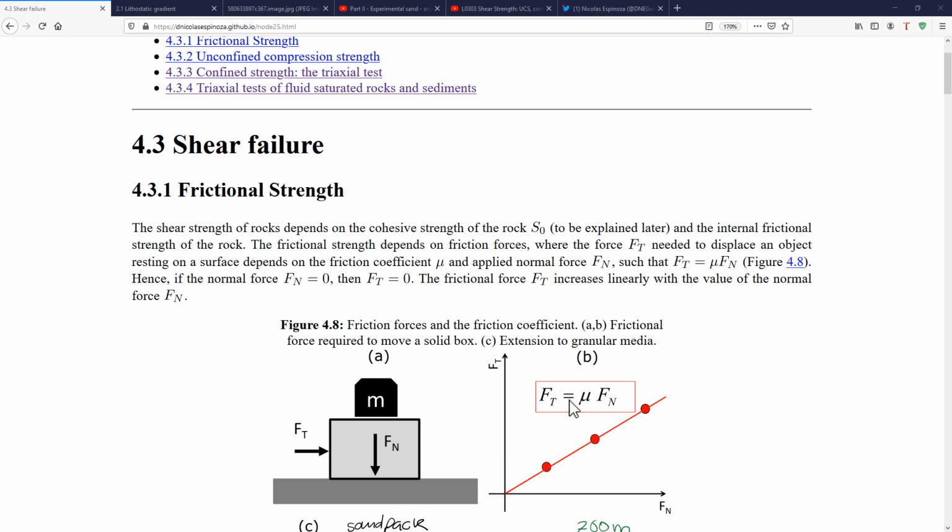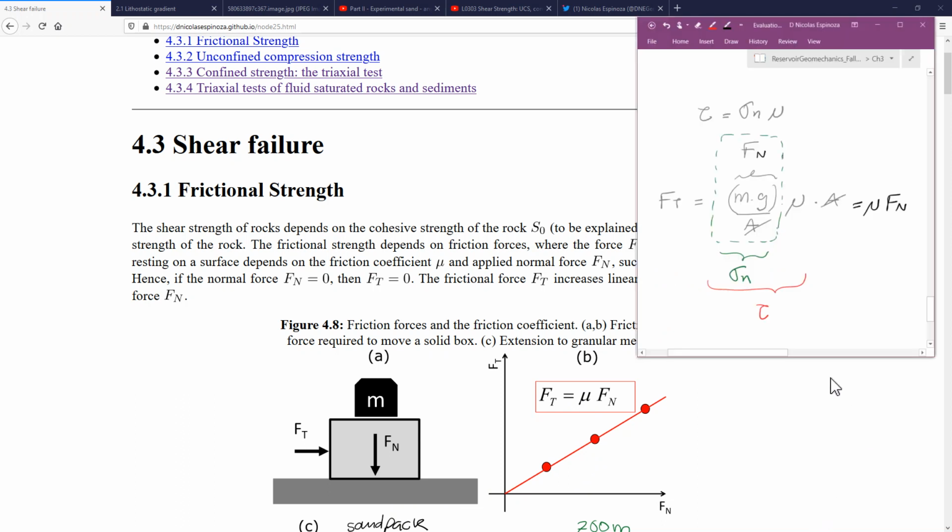All right, so this equation actually comes after a little bit of algebraic steps when you consider this equation here, that tells you that shear stress tau is equal to the normal stress sigma n times the friction coefficient. So if we want to calculate what this force is, then we'll have to calculate sigma n.